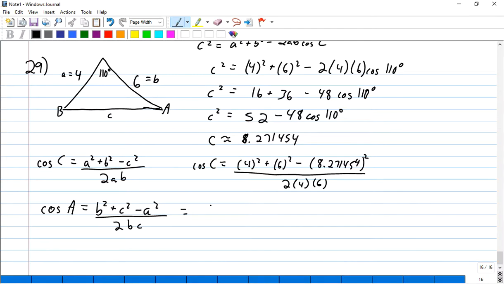So that's going to be 6 squared plus 8.271454 squared minus 4 squared, all over 2 times 6 times that long decimal.